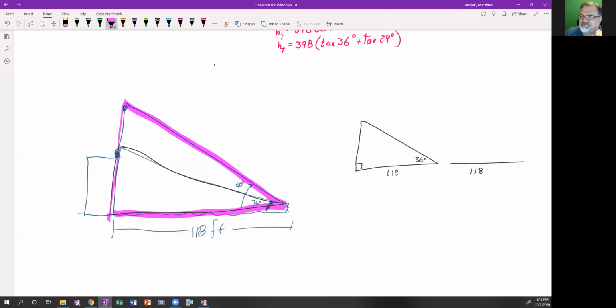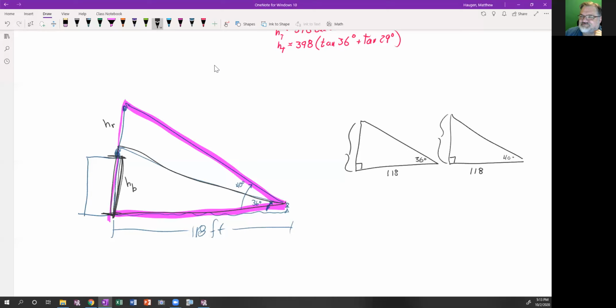So that 118 with this 40 degrees, that little right triangle. And again, we want this height of the rod. This triangle is going to give us essentially the height, more or less, of the building, but the height to the bottom of the rod.